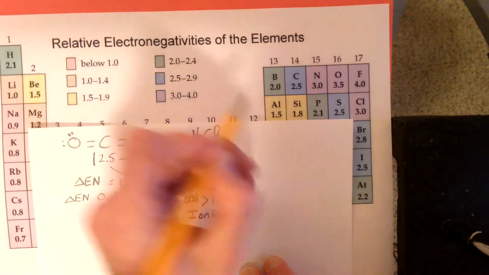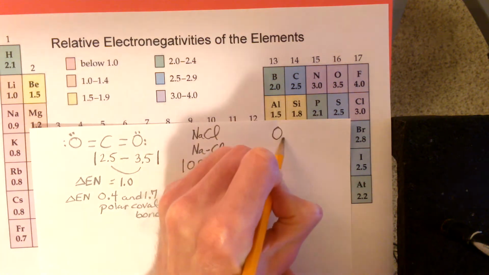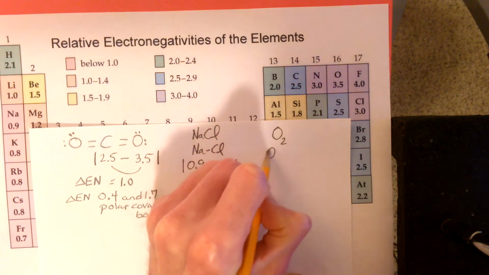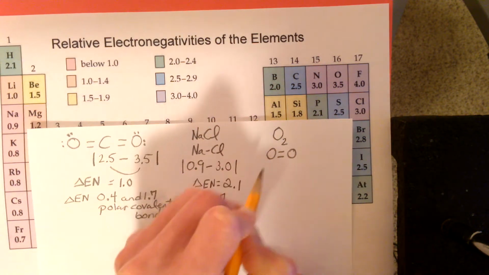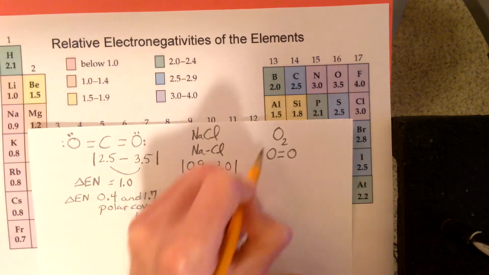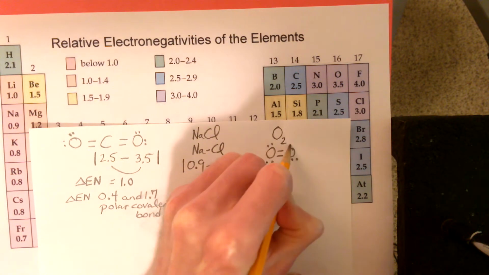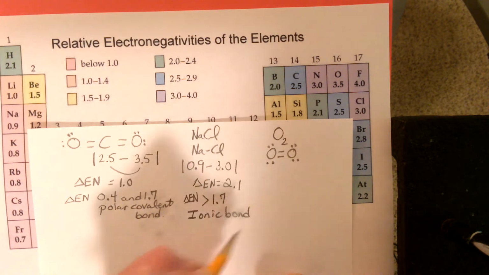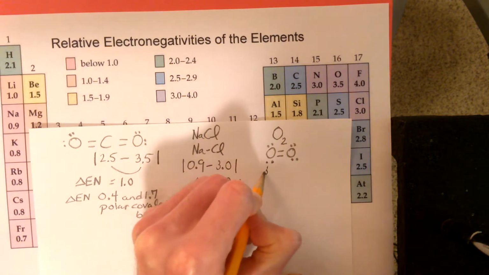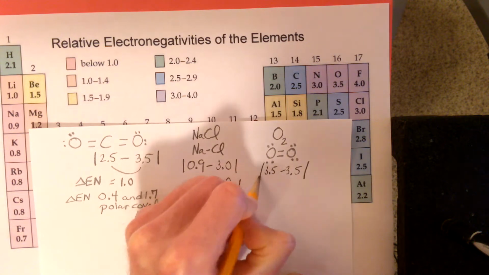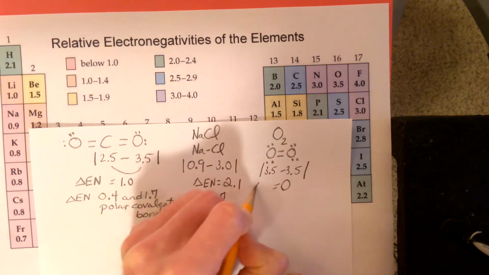And then let's take an oxygen molecule, for example. We've got an oxygen to oxygen double bond, and we've got lone pairs there. So this would be 3.5 minus 3.5. The absolute difference is 0.